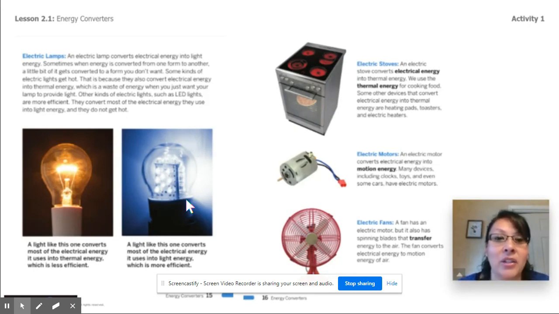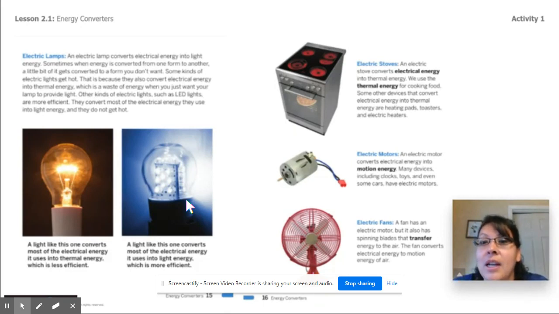That is because they also convert electrical energy into thermal energy, which is a waste of energy when you just want your lamp to provide light. Other kinds of electric lights, such as LED lights, are more efficient. They convert most of the electrical energy they use into light energy, and they do not get hot.